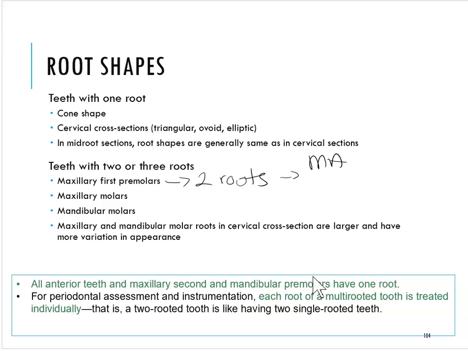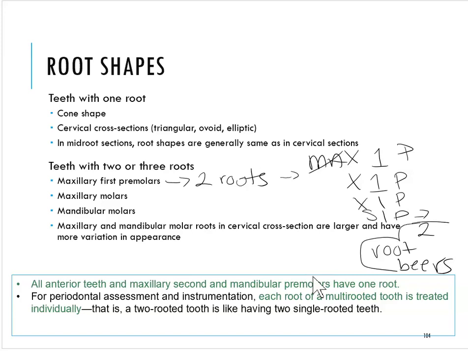Maxillary first premolar: if you take out the MA, you get X1P, and if you make the 1 into an I, you get zip, which sounds like sip. So think of yourself sipping 2 root beers.